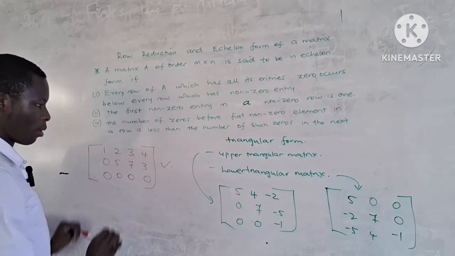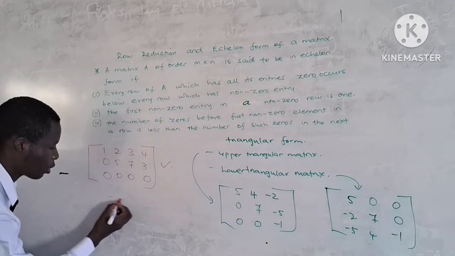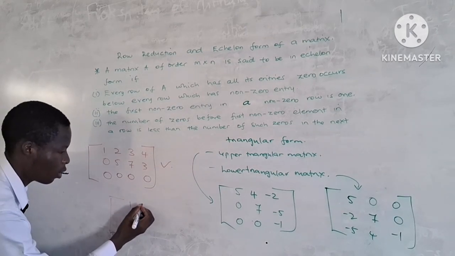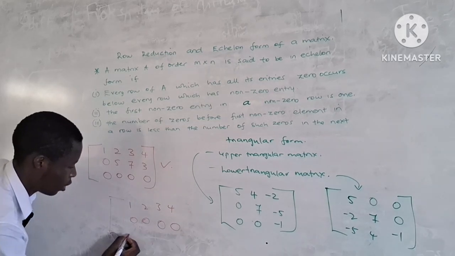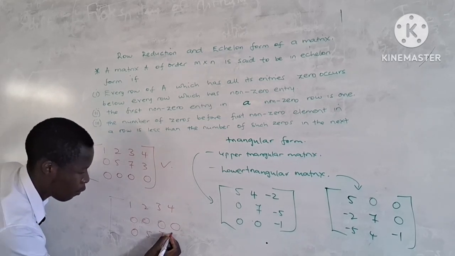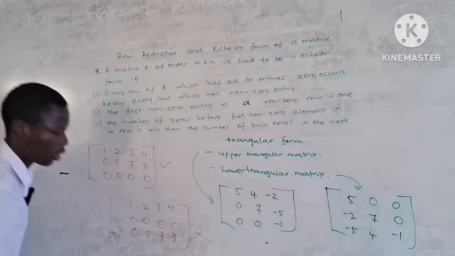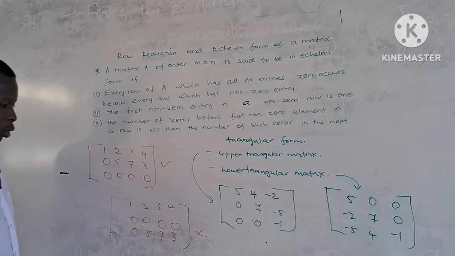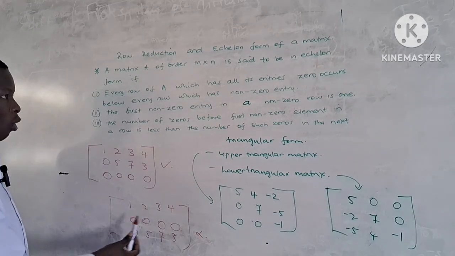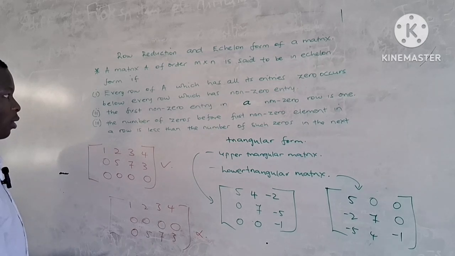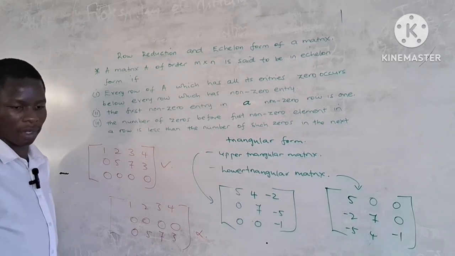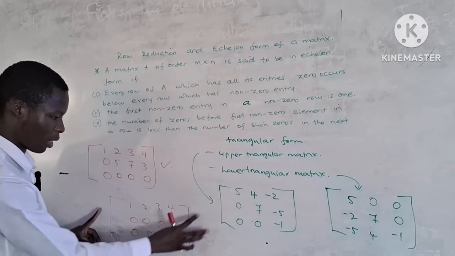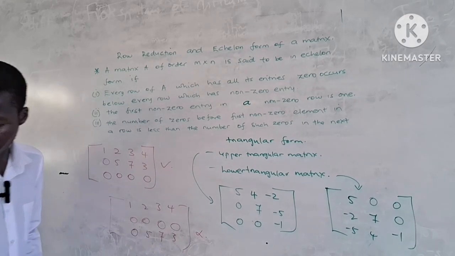That's why it is below. So it's not possible to have something like 1 2 3 4, then 0 0 0 0, then 0 5 7 3. This is not correct. The row with all its entries 0 occurs below every row which has a non-zero entry. So this is correct, but this is not correct.